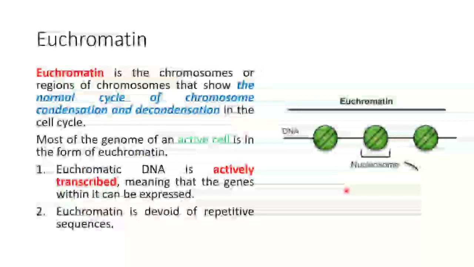Why do we need to condense and decondense the actively transcribed genes? Because when it is open like this, guys, in the decondensed structure, the DNA is more accessible to the transcription machinery and the replication machinery. So the RNA polymerase can easily reach the DNA and transcribe it into mRNA and then protein.